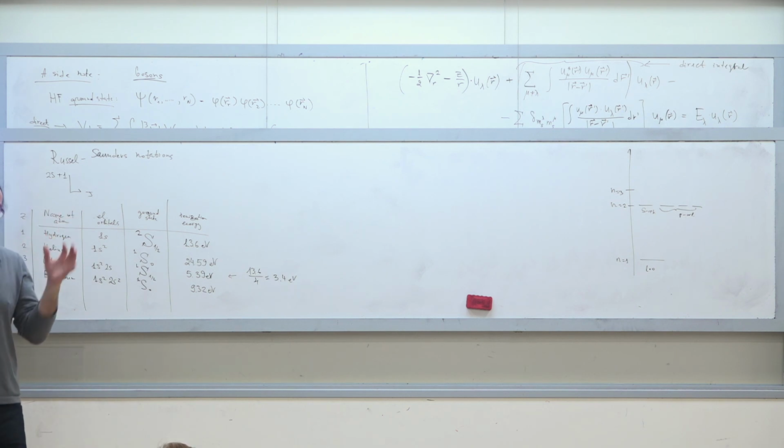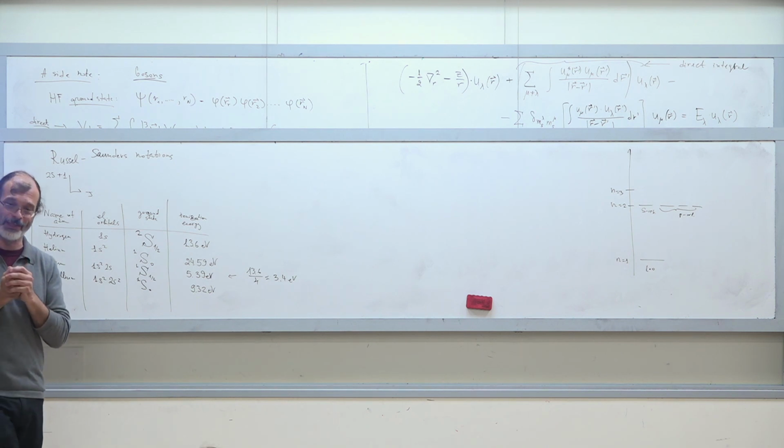Because you pack more and more, you come closer and closer to the nucleus, and you become faster and faster. You get closer to the speed of light. So the electrons become really relativistic, and they develop a relativistic instability.